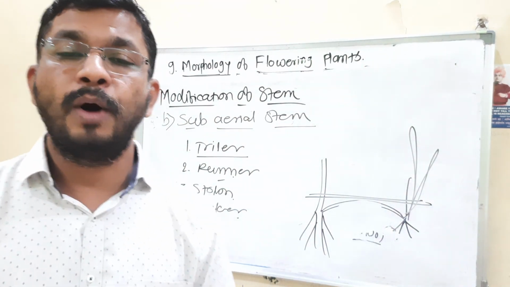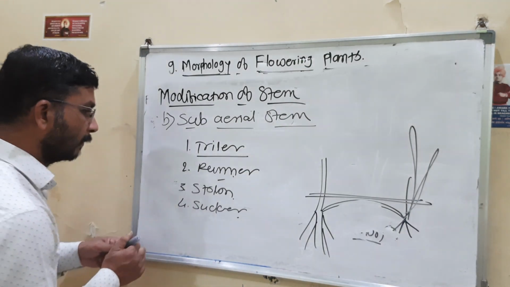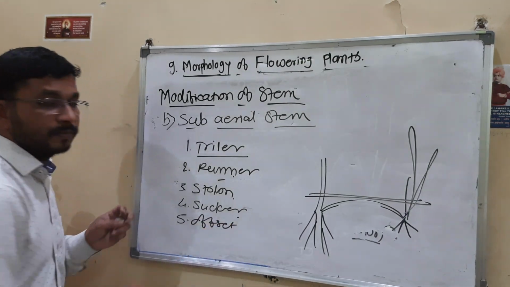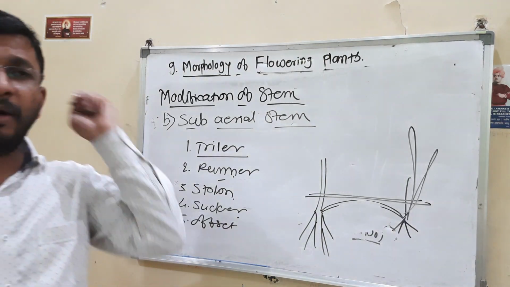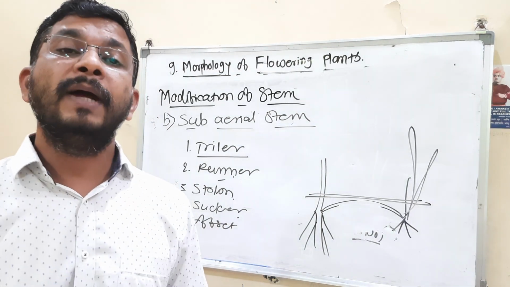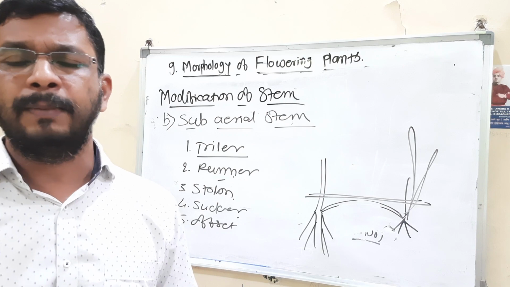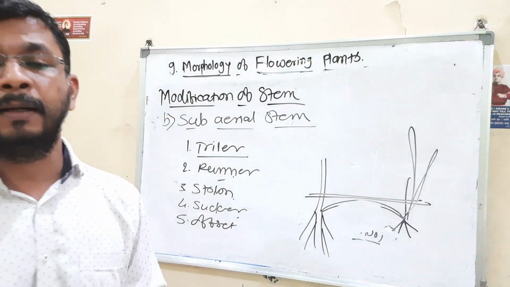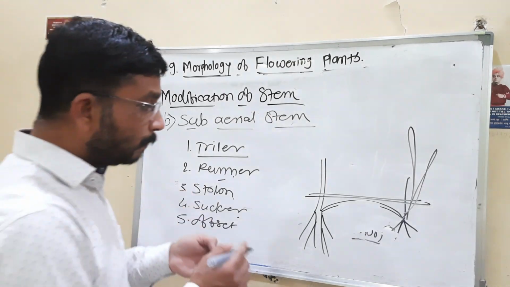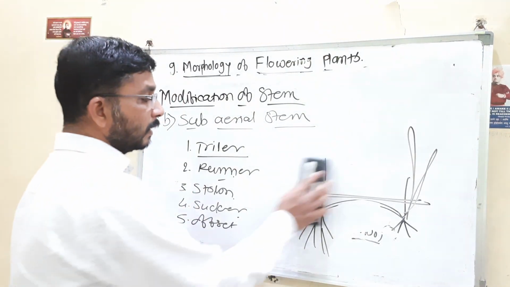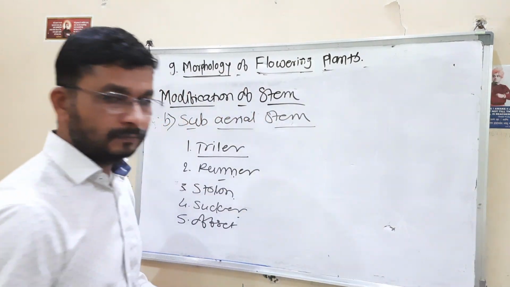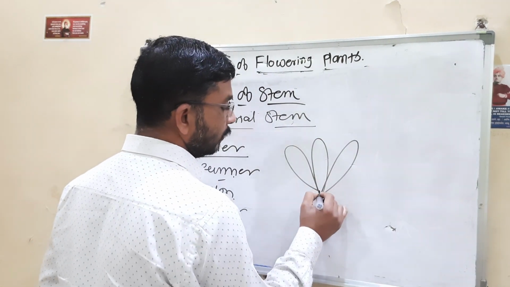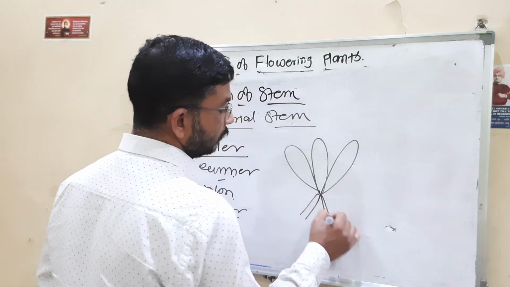Then next is offset. This offset is observed in a few aquatic plants like Pistia and Eichhornia.